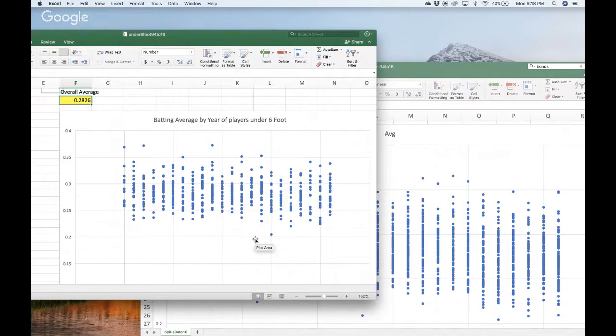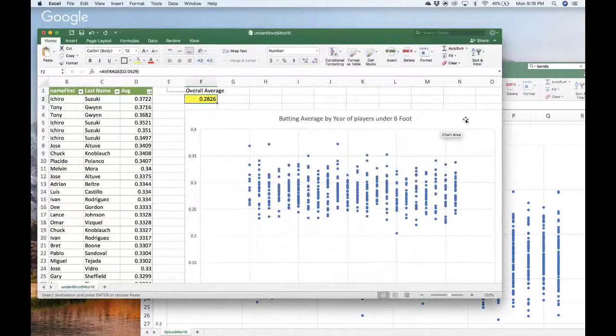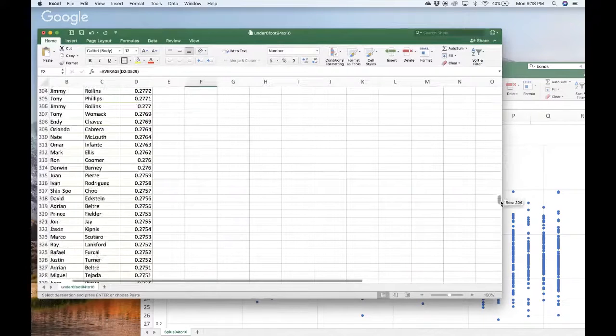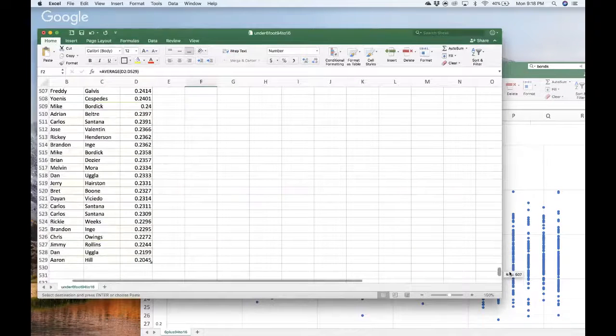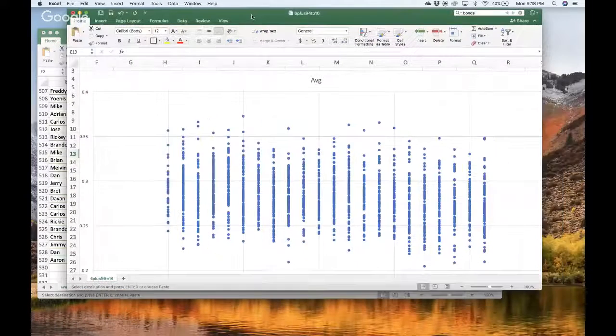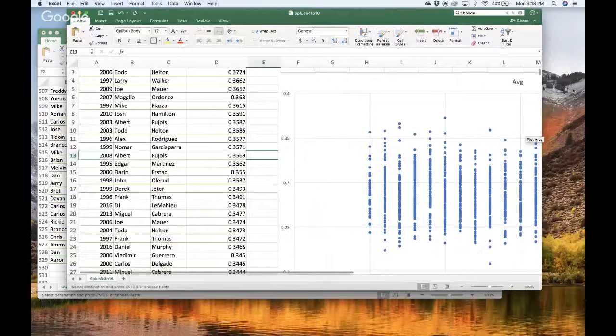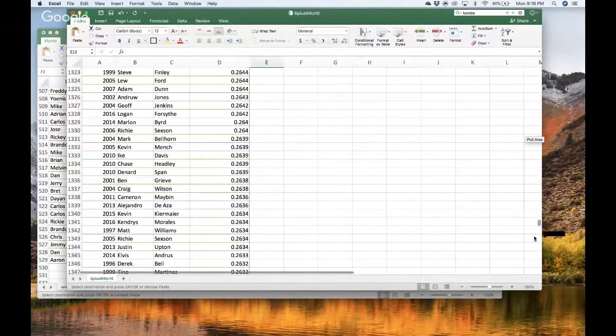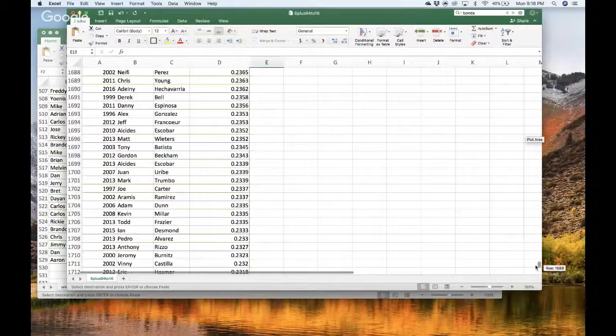It was really interesting to me. The count was kind of obvious, which is what I guessed. Under 6 feet in this time frame was only 529 players, and over 6 foot was 1,745 players.